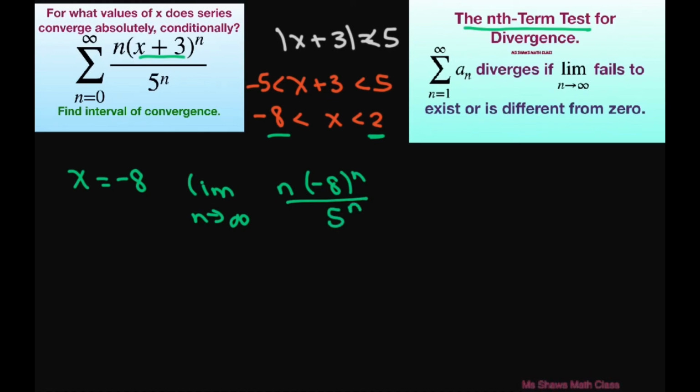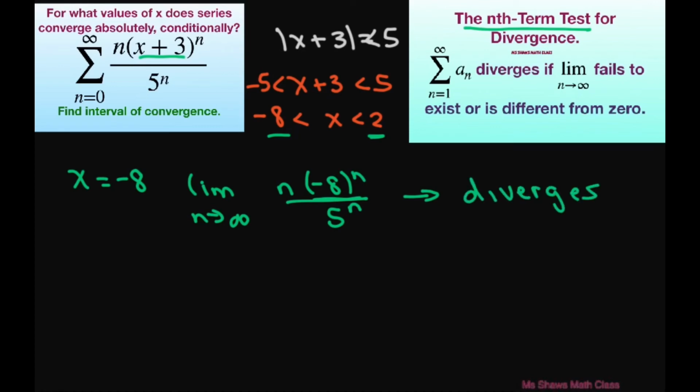Now what happens is this is not going to be 0. The numerator is going to be larger than the denominator. So this limit does not exist, or it's different from 0. So it diverges.